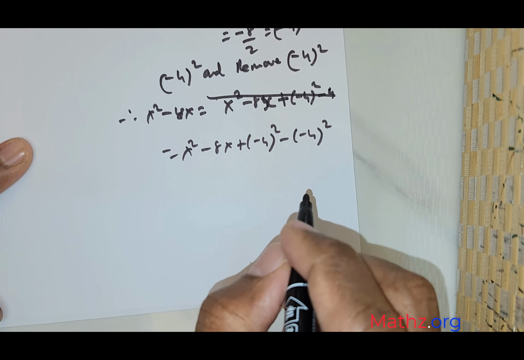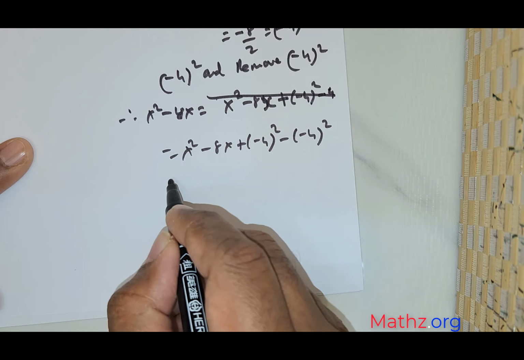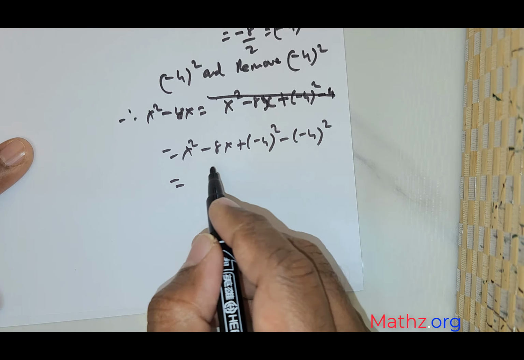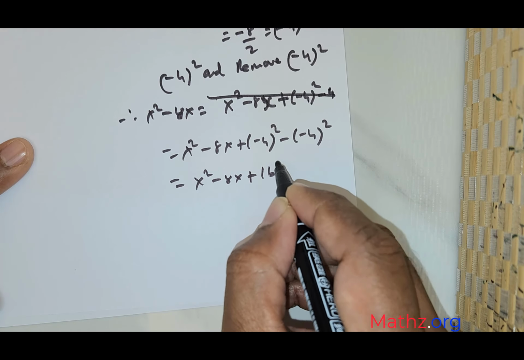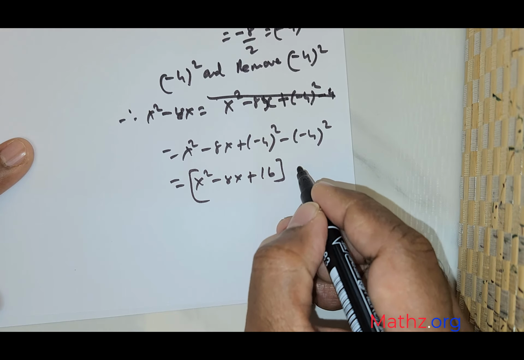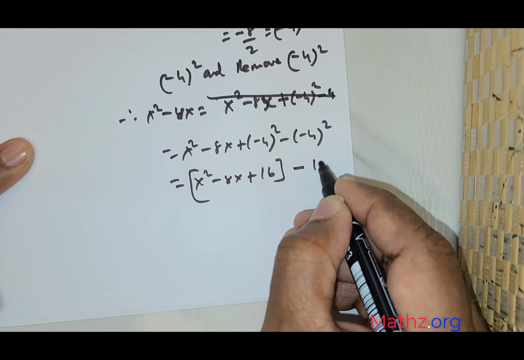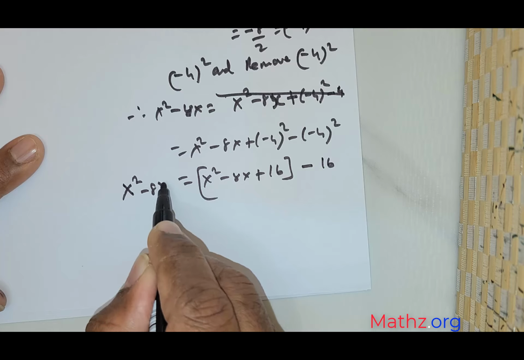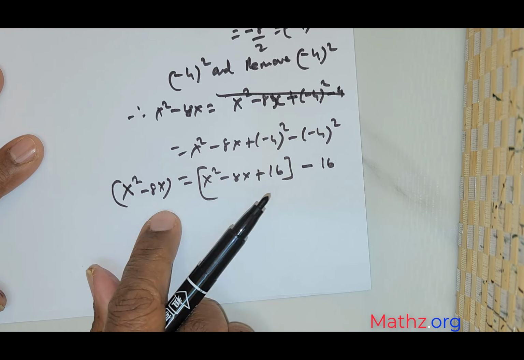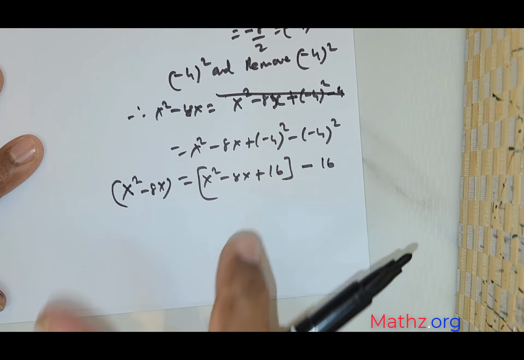So this is going to be equal to, now x squared negative 8x, this is positive 16, this is one group, and this is negative 16, this is another group. Now what is this? This is nothing but x squared negative 8x.